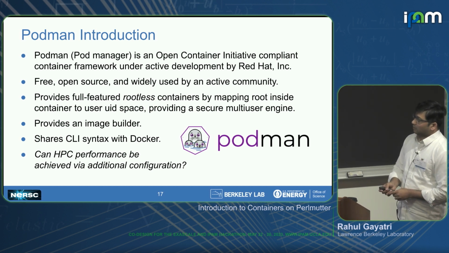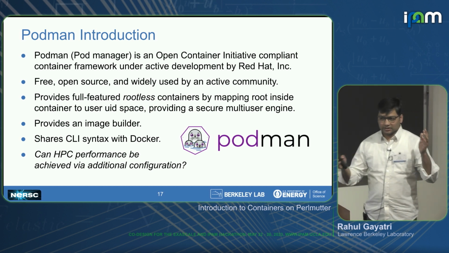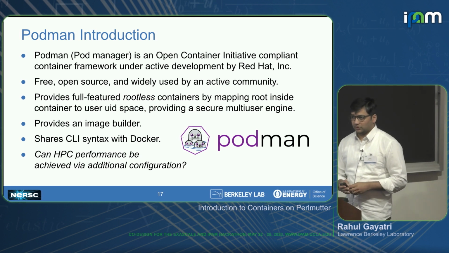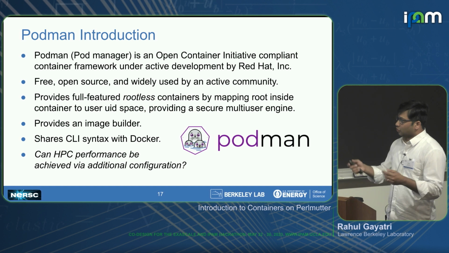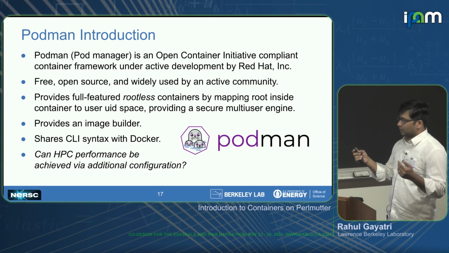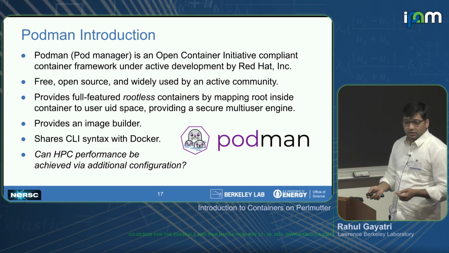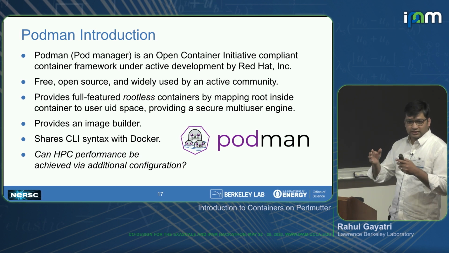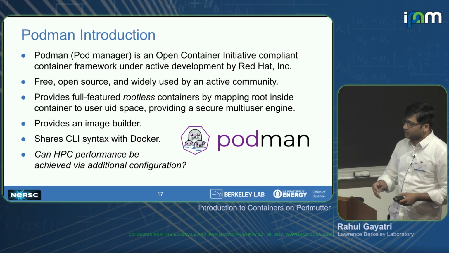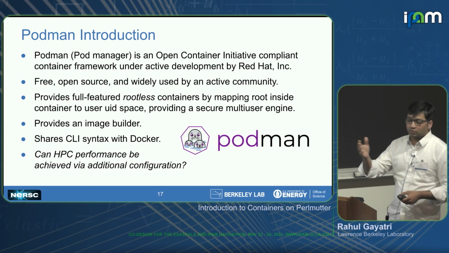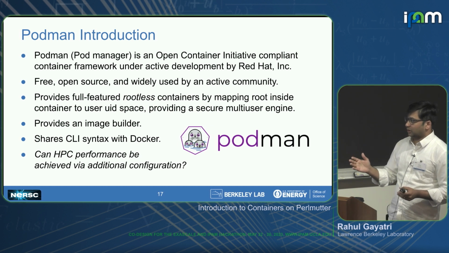OCI is, I think, a standards committee, and the Podman software is based on those standards. It's open source and is being used in multiple places. The good thing about it is that it is a drop-in replacement for Docker. You can use exactly the Docker options and commands, like build and run commands, and just replace the word Docker with Podman, and things would just work fine.